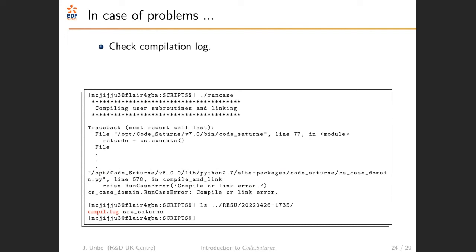Well, depending on the stage that you have the problem, you have different files. So the first thing that the code will try to do is try to compile images and everything. If there's a problem with that, you can check the compile.log, okay, and that will tell you why there is an error.